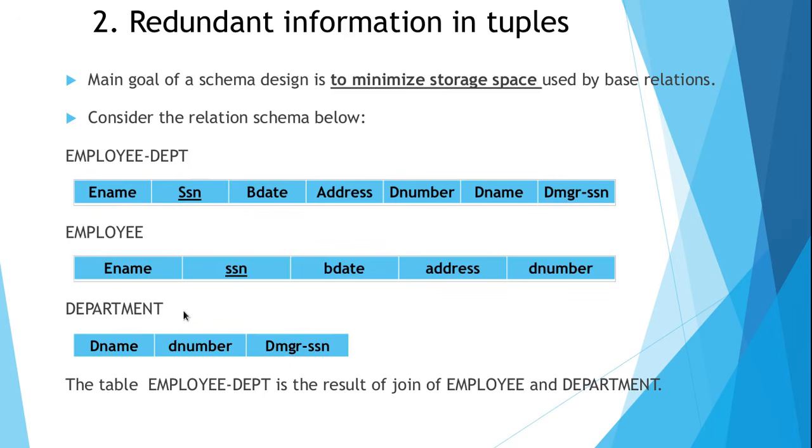We know when a join operation is performed, the attributes with the same name will be compared and both the tables will be joined. So here we can see this first table, employee department, results in redundant information.